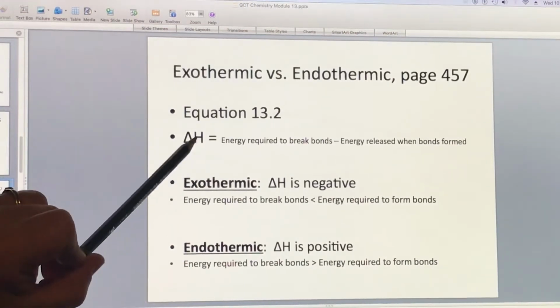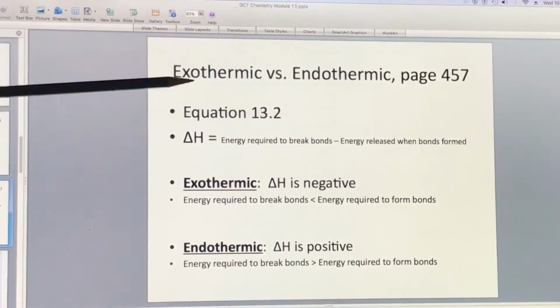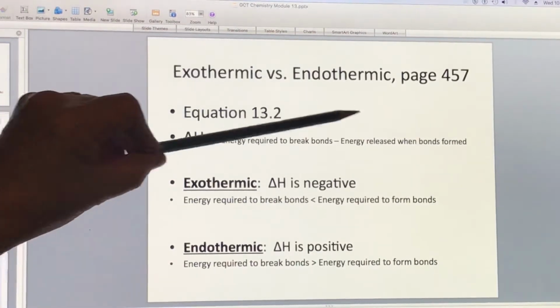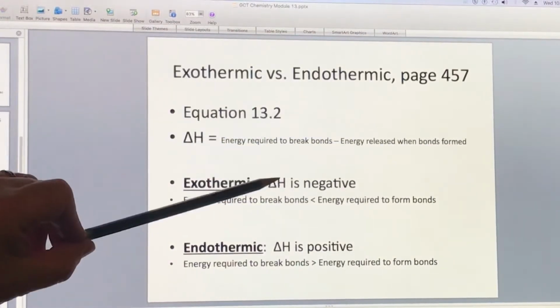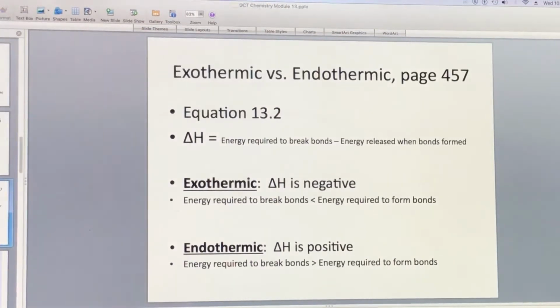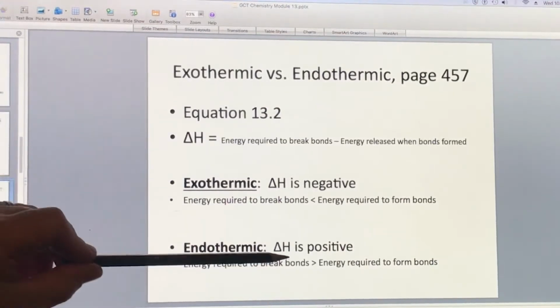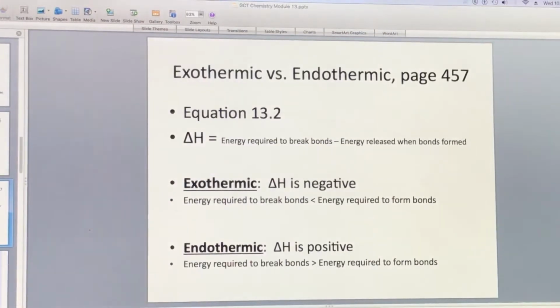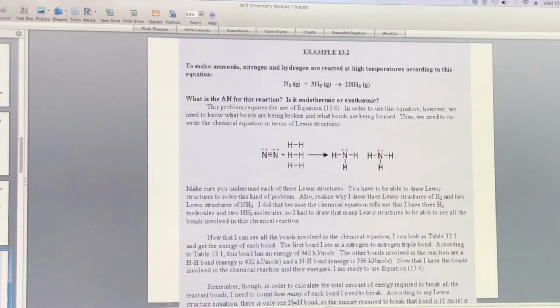So applying it to this formula, that would mean that this energy here is less than this energy here, because that would provide us with a negative number. For endothermic reactions, however, this energy here is greater than this energy here, and that's how we arrive at a positive delta H.